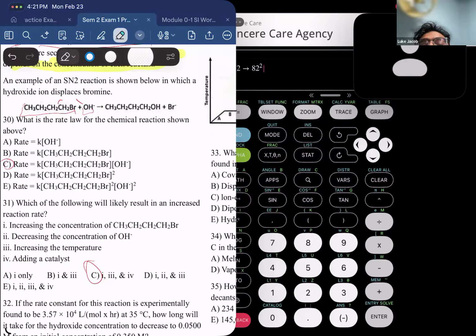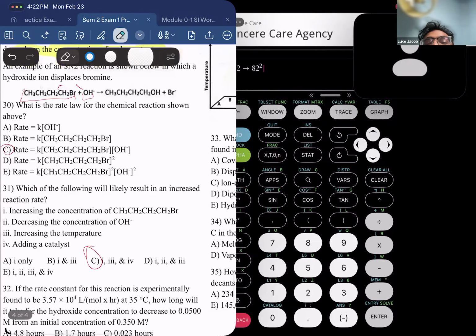And so when you increase concentration, you increase the probability of those effective collisions occurring. And likewise, if you increase temperature or add a catalyst, those also increase effective collisions. So if you think about it like that as well, that's also really helpful.